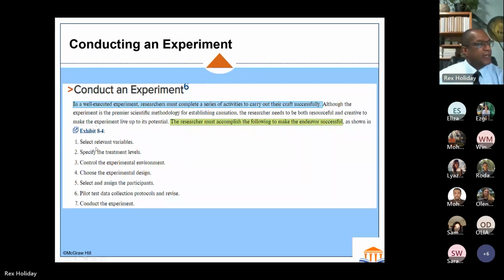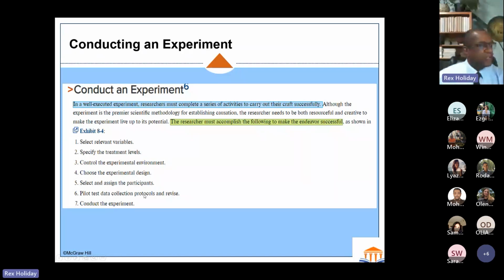Select relevant variables. Well, that's important, right? They have to be relevant. Specify the treatment levels. Control the experimental environment. That's very important. Choose the experimental design. We've talked about that. Select and assign the participants. Again, that's important.